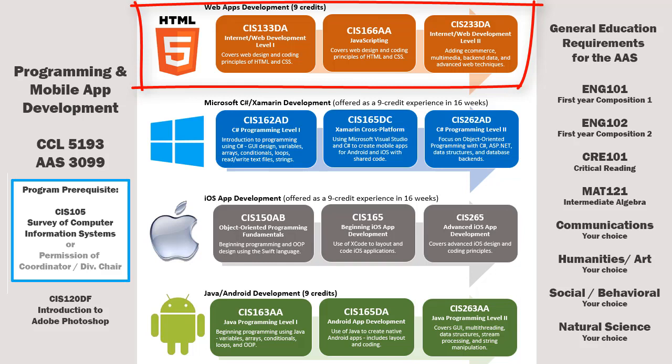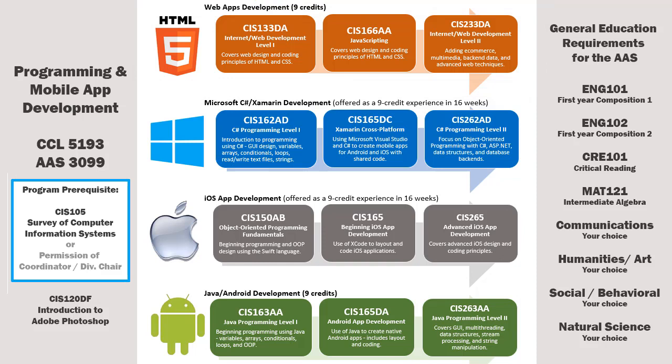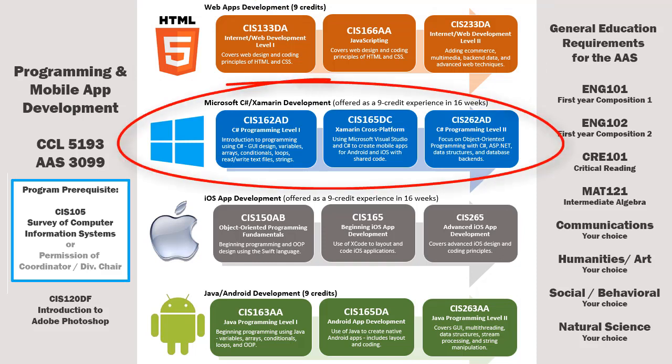We get into a little bit of programming with JavaScript, and JavaScript allows our web apps to do something, to perform some task. And then we have an advanced HTML, CSS course. Those 3 combined make up the web app development track. It's 9 credits.